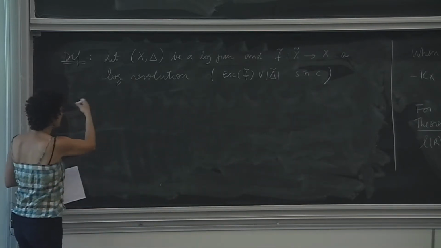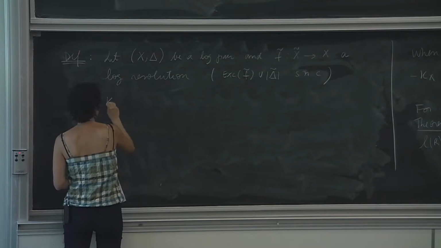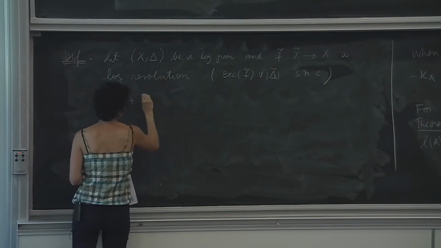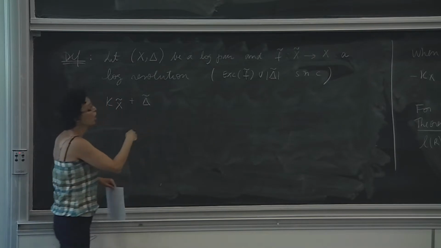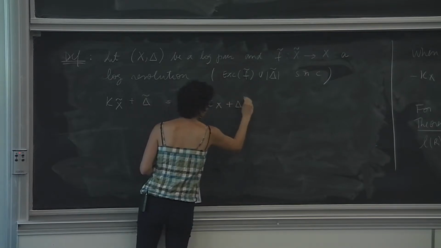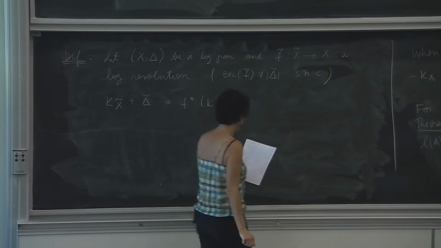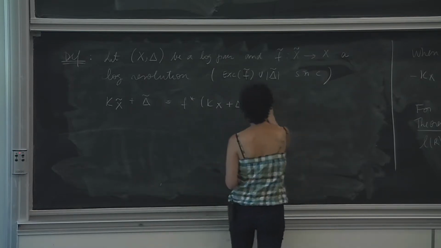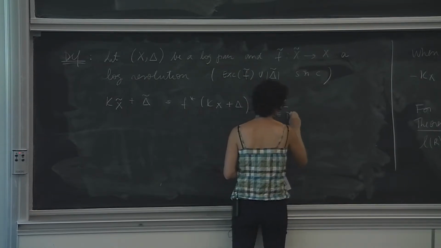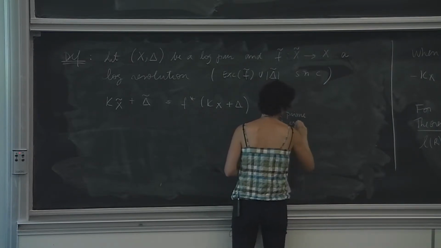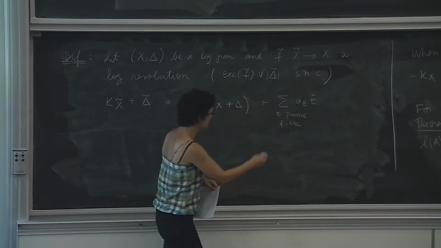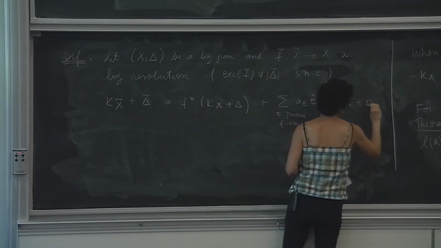Okay, so once I have this, I can do the same thing I did yesterday. I can compare, say, the canonical class K_X tilde, let's say, plus delta tilde, with the pullback of the log canonical class of X. So this is the pullback of K_X plus delta, plus a sum over exceptional prime divisors E of a_E times E. And so these a_E are going to be rational numbers.